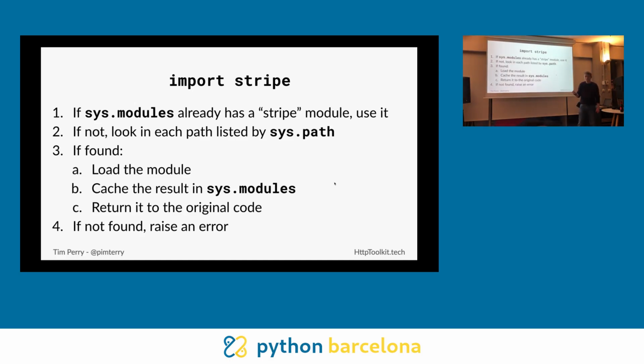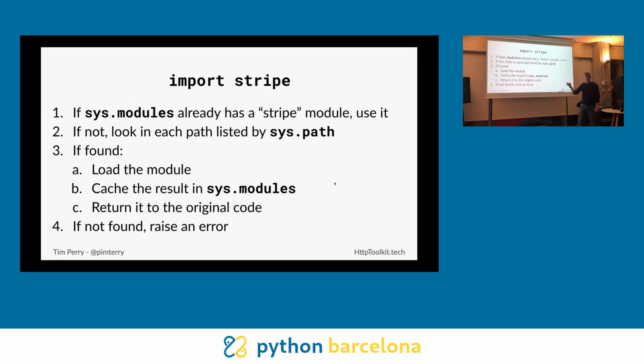Okay? If it's not in that cache, it loops through sys.path. This is a list of strings, a list of paths on your machine, and it looks in each path there and tries to find the module in that location. So these will be perhaps your virtualenv, the packages installed on your machine, and the built-in packages of Python itself.